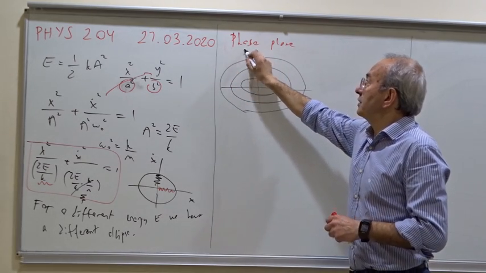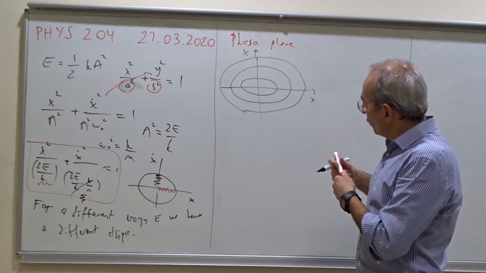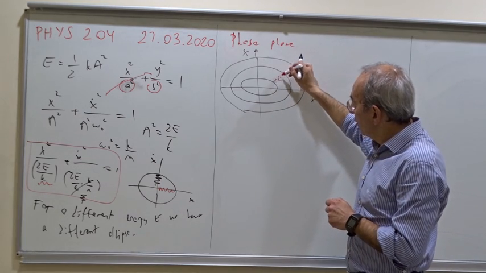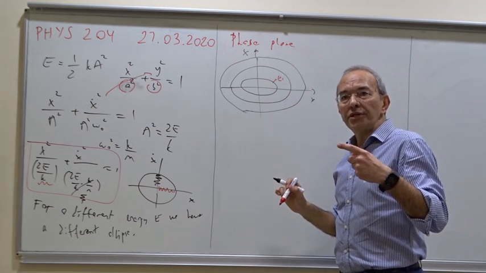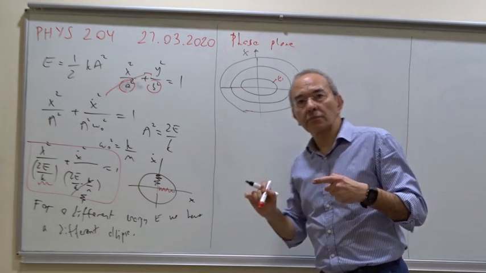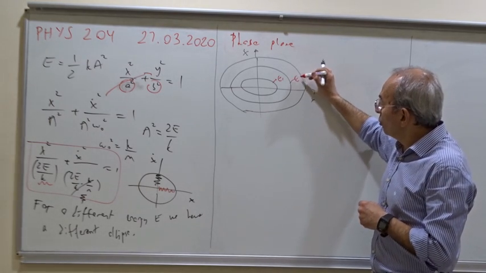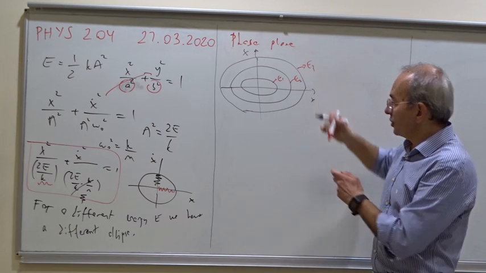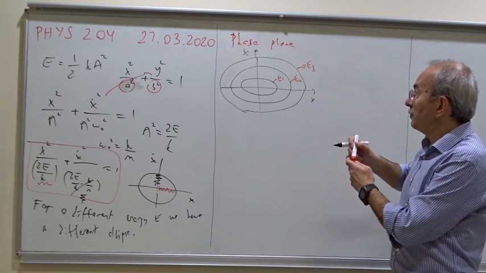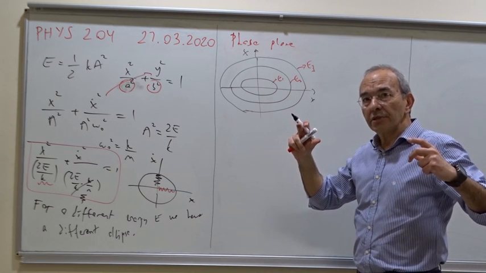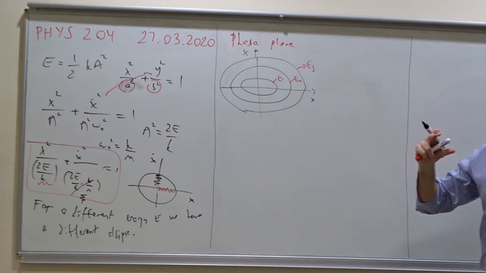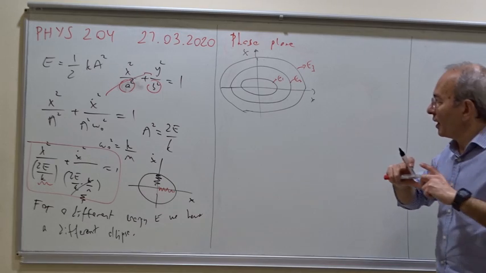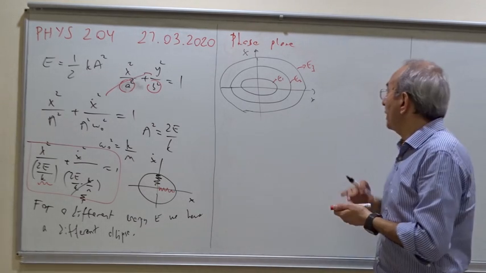The shapes are not perfect ellipses, but they sort of represent an ellipse. Okay? This axis is x dot, that axis is x. For instance, this first one corresponds to energy E1. The next one corresponds to another energy E2. The next one corresponds to another energy E3. But we know that the greater the ellipse, the greater the area of the ellipse, the greater will be the energy.